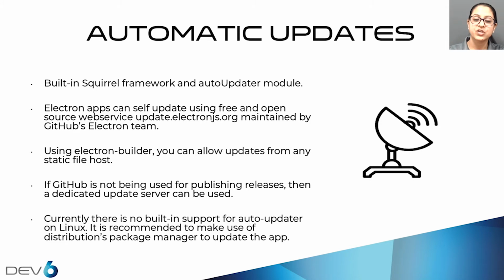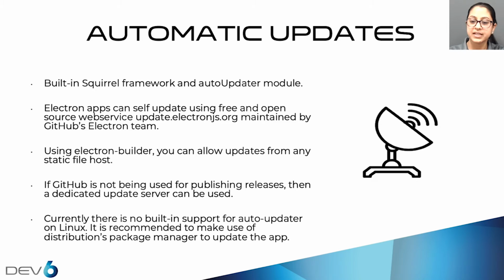First, you have to set up a mechanism to host the updates. That can be done in any way; there are so many ways to do it. And once you have hosted your updates, the second part is to turn on the updates in your Electron desktop app. It is already done by the auto updater module. You have to just start receiving it. So it's as simple as that.